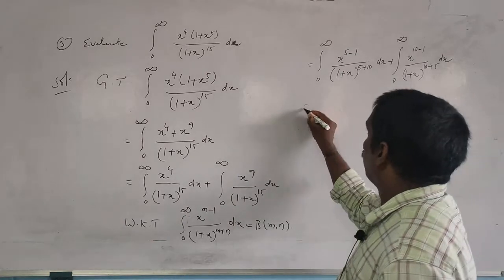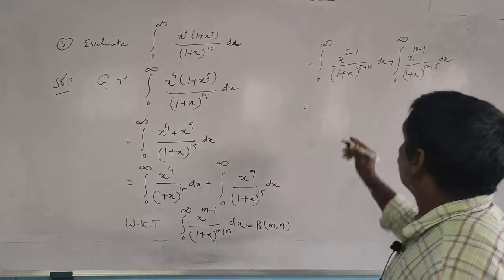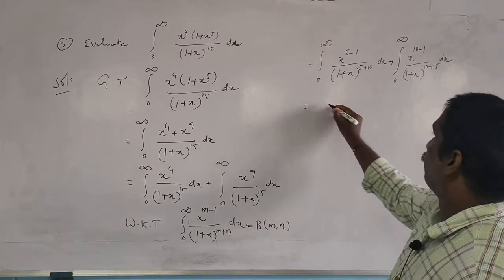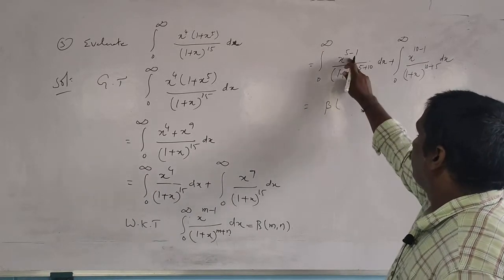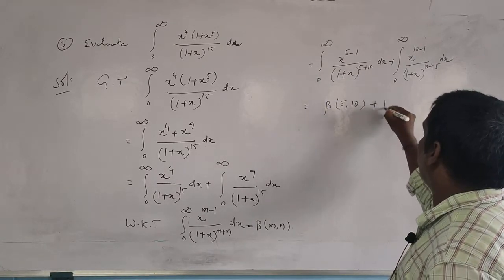So now compare this integral with the formula. That equals beta of m, which is 5, and n, which is 10: beta of 5 comma 10 plus beta of 10 comma 5.